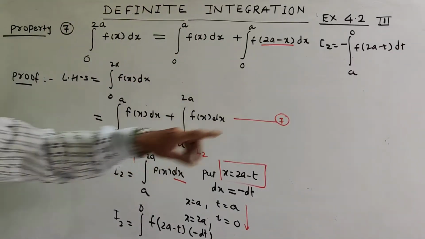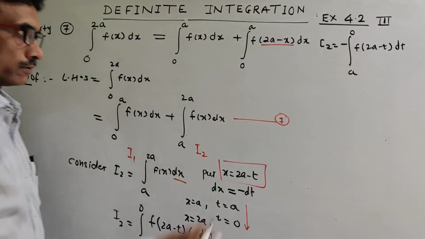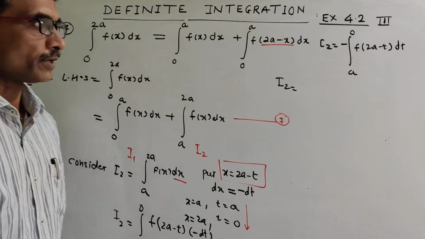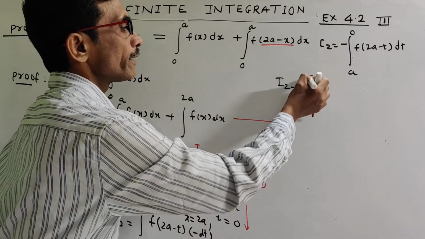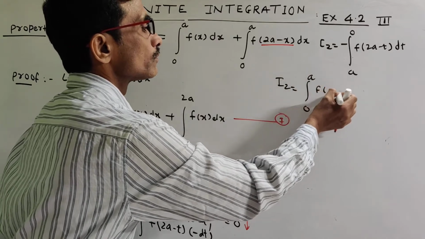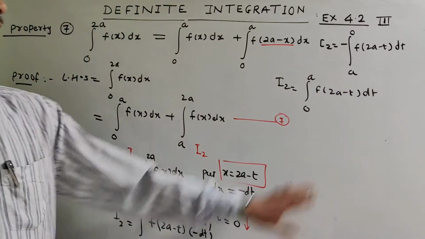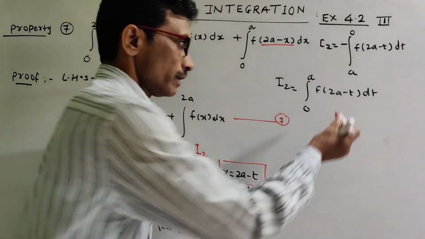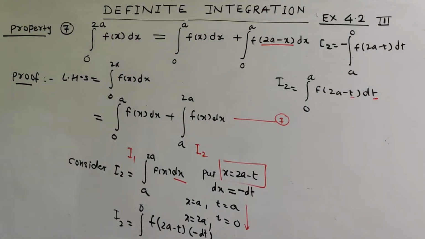Now we have the property that if we interchange the limits there will be a change in sign. So I2 will become, interchanging the limits, the sign will be plus, integral 0 to a f(2a minus t) dt. Again we have the property that in definite integration the variable t is not important, we can replace it by variable x.